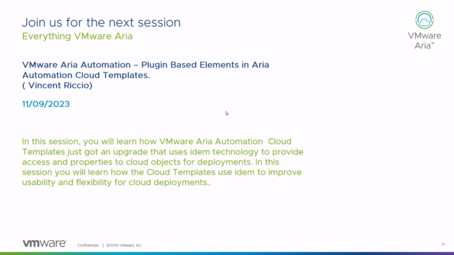The plugin-based elements use the IDEM open source project to allow a wider support for deploying workloads and public cloud objects like S3, for example, and a lot more on different public clouds like GCP, AWS, and very soon Azure in the November release. That will be on November 9th, 2023.